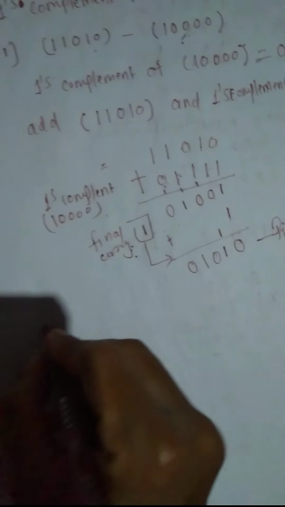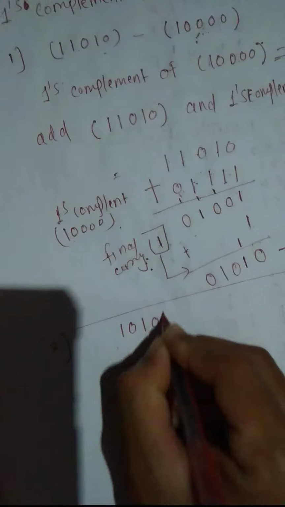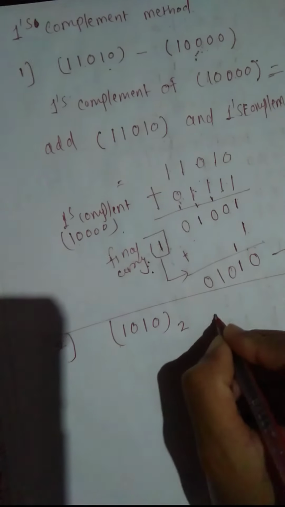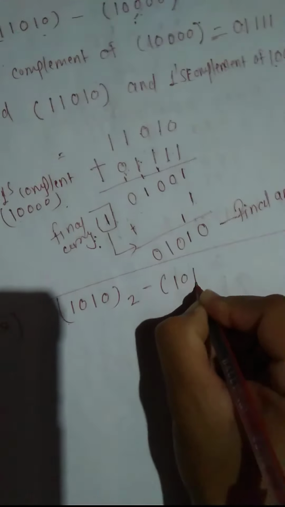then we see the second problem, that is 1010, this is a binary number, minus 1011. This is the second number.